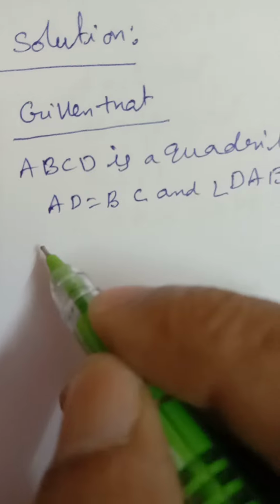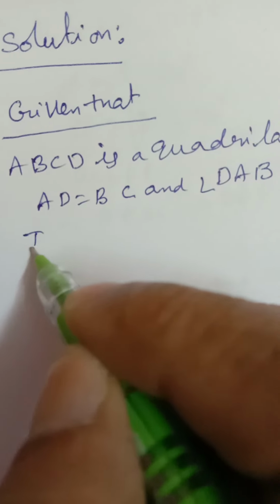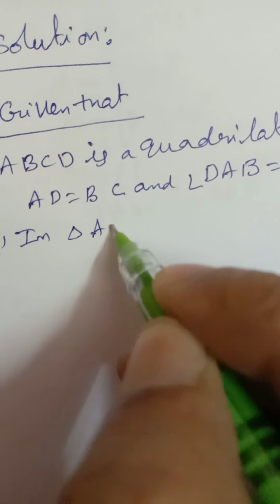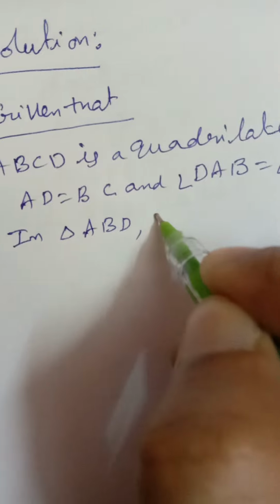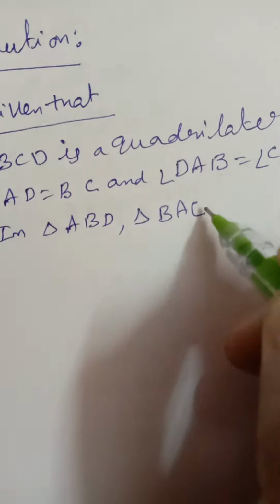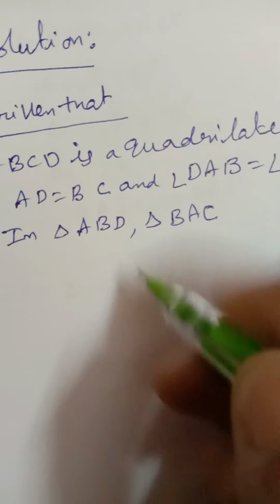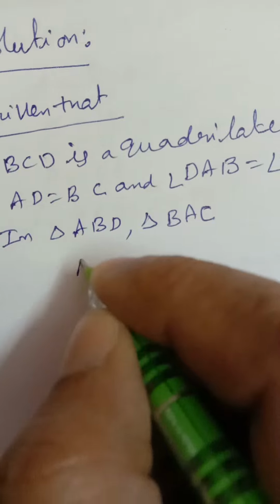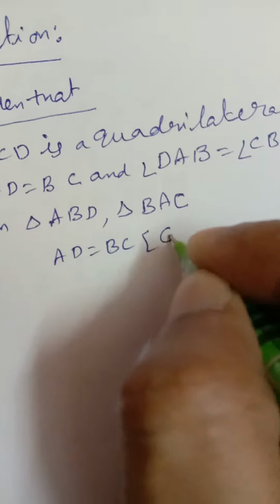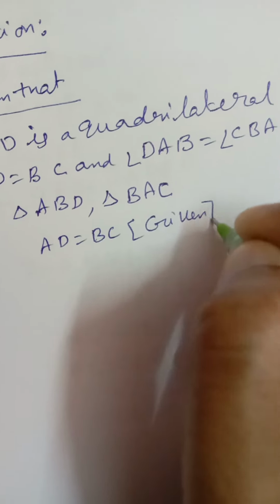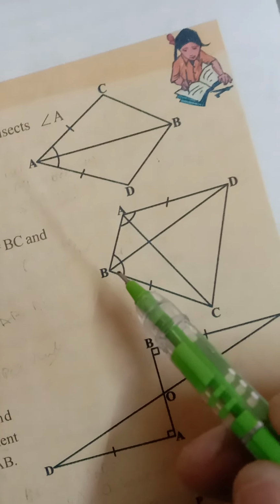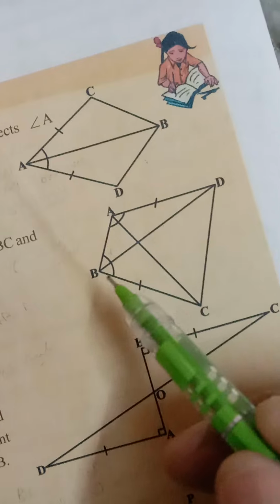First one, in triangle ABD and triangle BAC, AD is equal to BC, given.